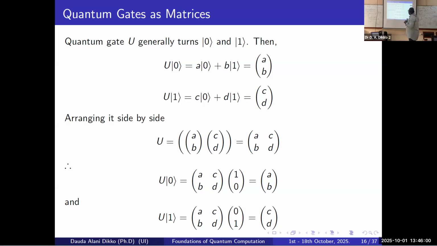If I now act it on ket 0, which is represented this way, and ket 1, which is represented this way, then by mere multiplication my gate gives me this and takes it back, and also gives me this. So this is what our quantum gate looks like.